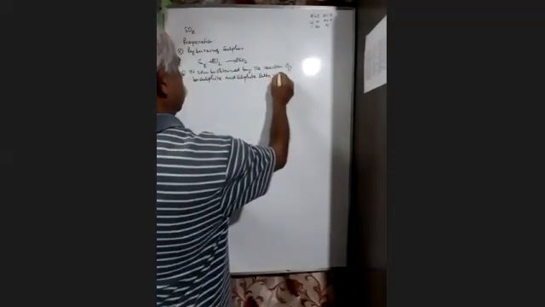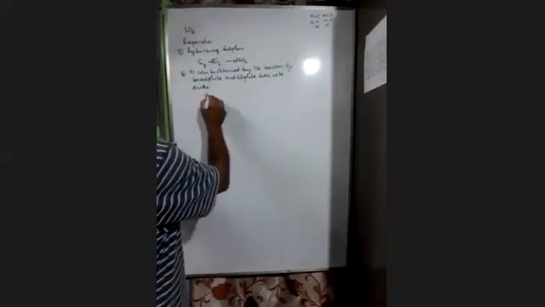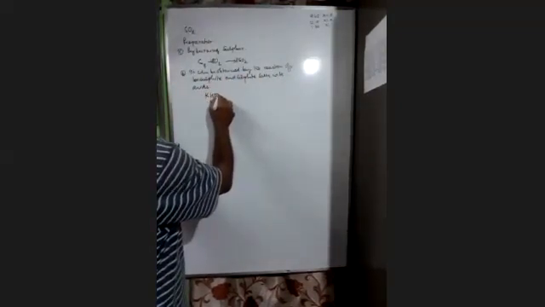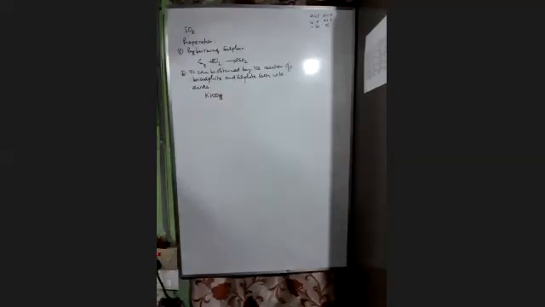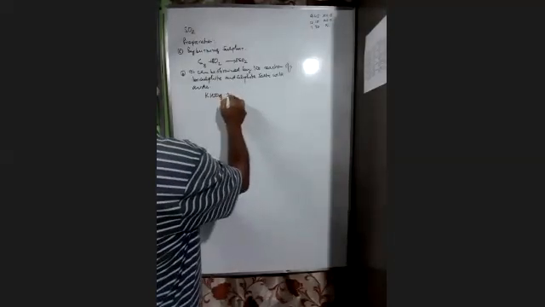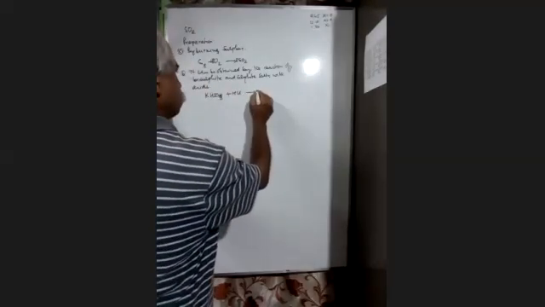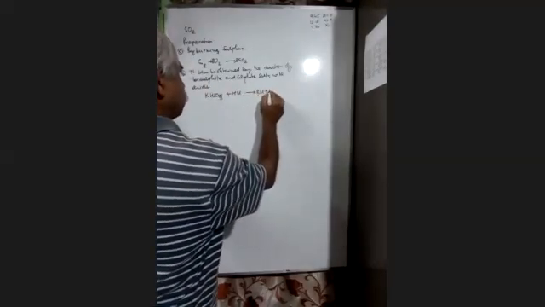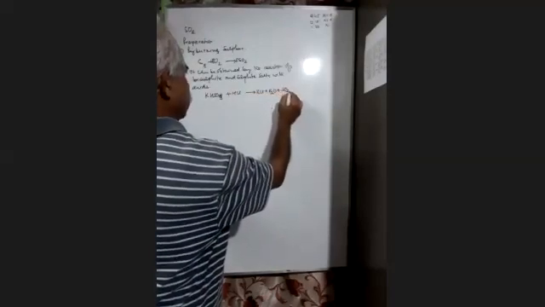You have taken here potassium bisulfite. Potassium bisulfite is used in the preservation of food. Remember. If you add HCl, you will get potassium chloride, H2O, and sulfur dioxide.